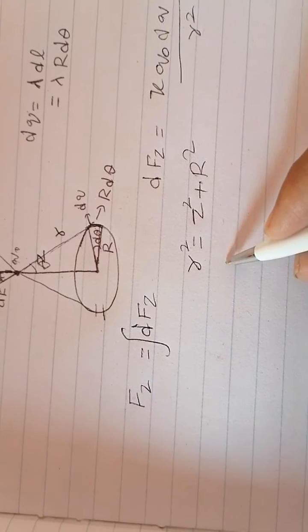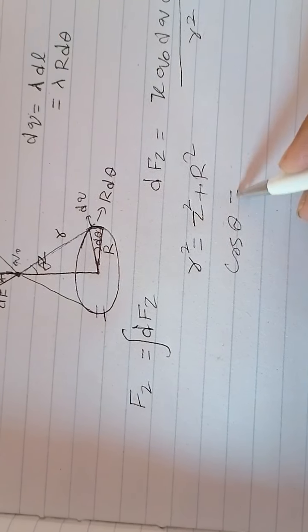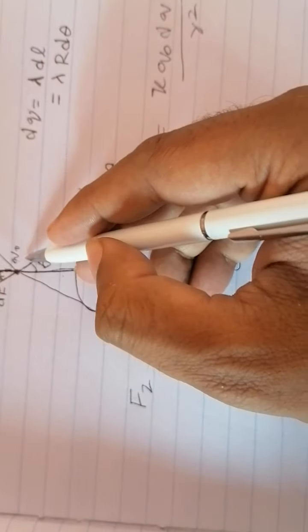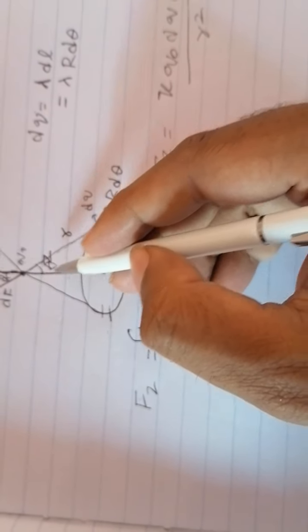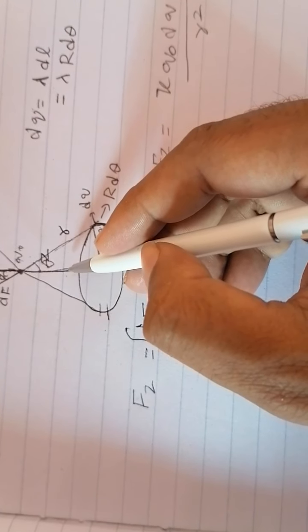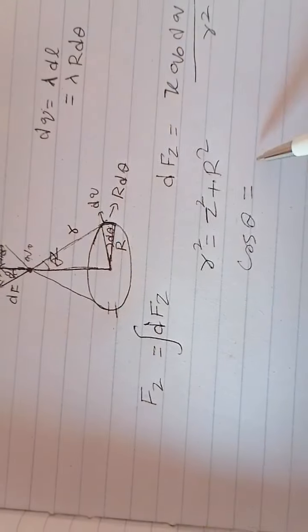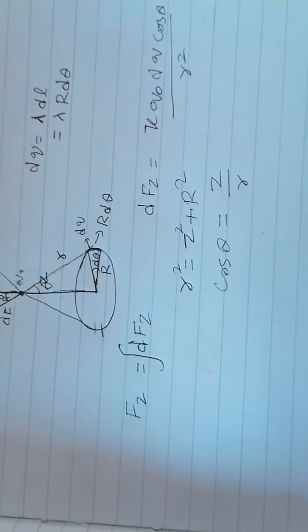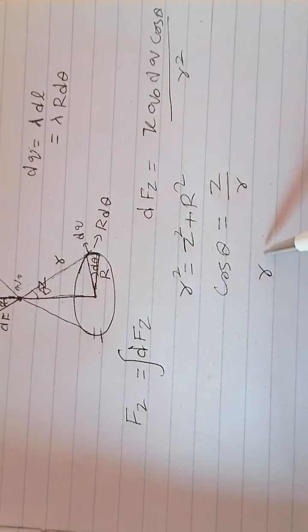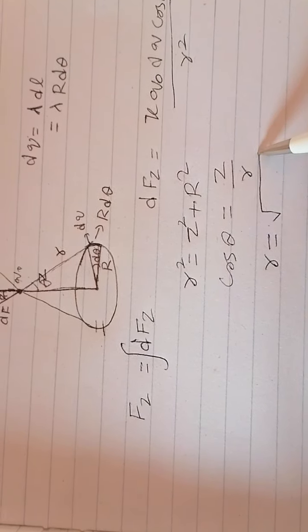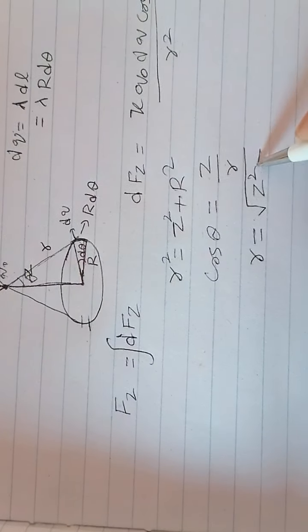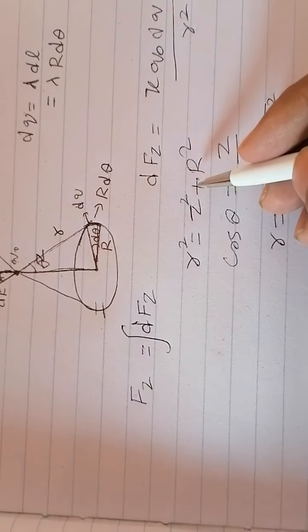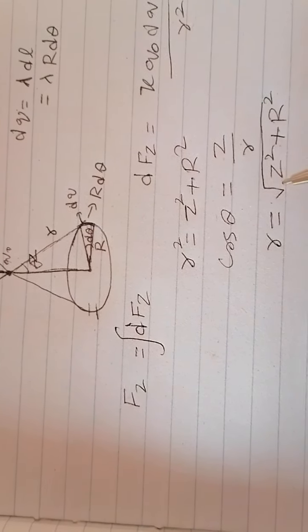Cos theta will be equal to base over hypotenuse, so z over r, and the value of r will be under root z square plus r square.